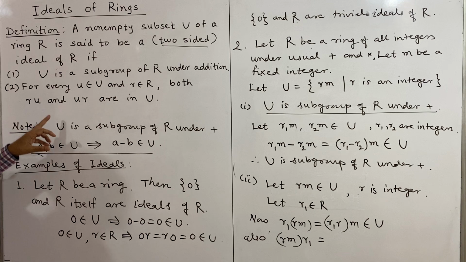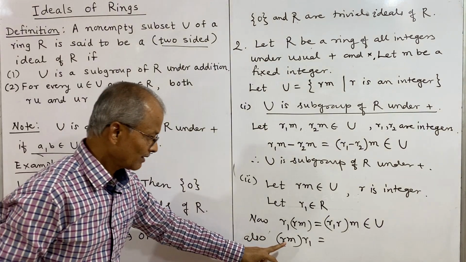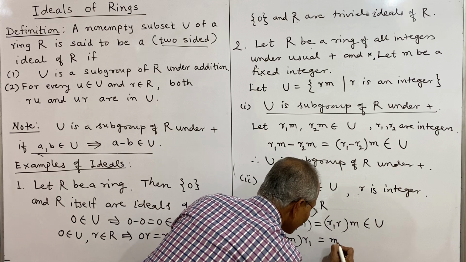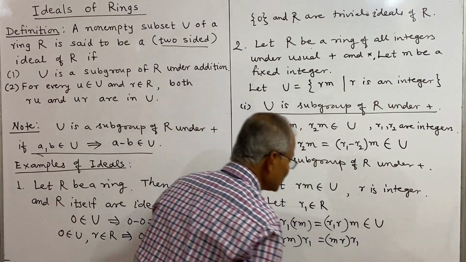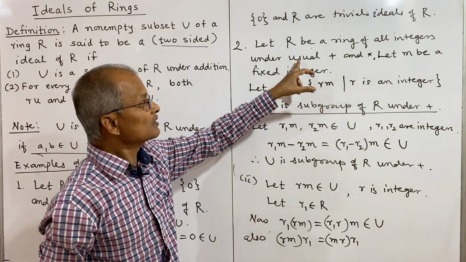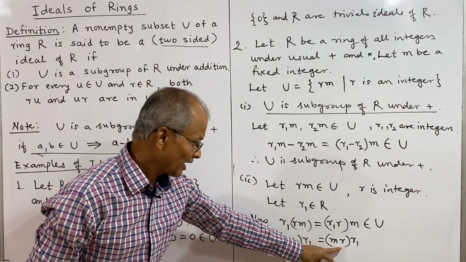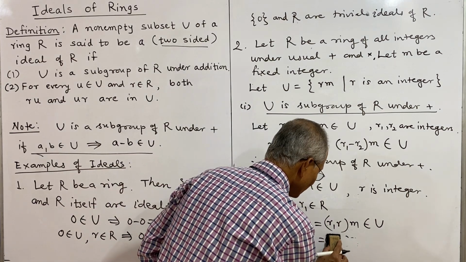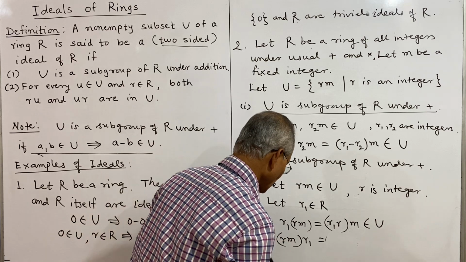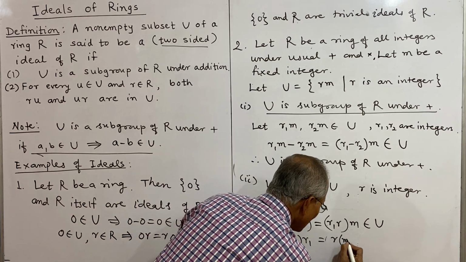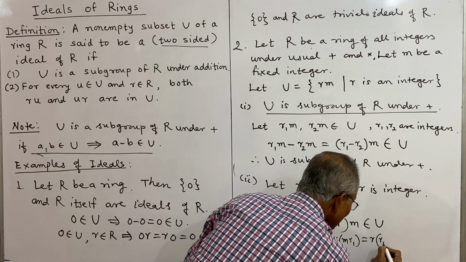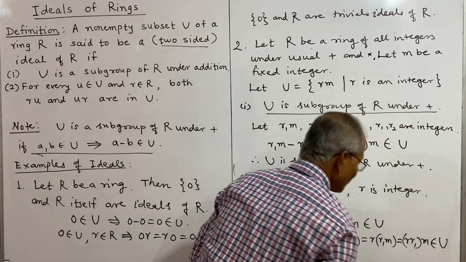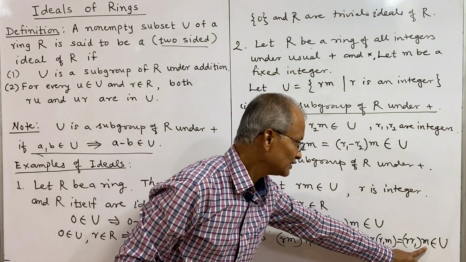We have to show a two-sided ideal: u into r, an element of U and an element of R. And this can be written as mr into r1, because usual multiplication is commutative, and therefore we can write rm as mr. And because we want m as the second factor, this can be written as r m r1, and then r r1 m, and then (r r1) into m, and again this belongs to U, because this is an integer and this is a multiple of m.